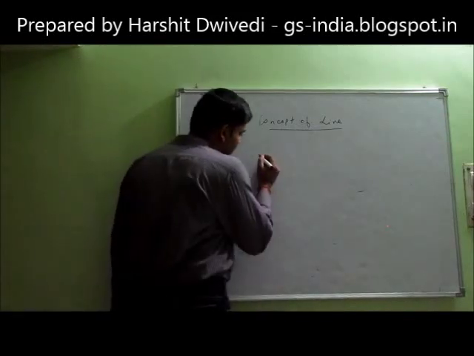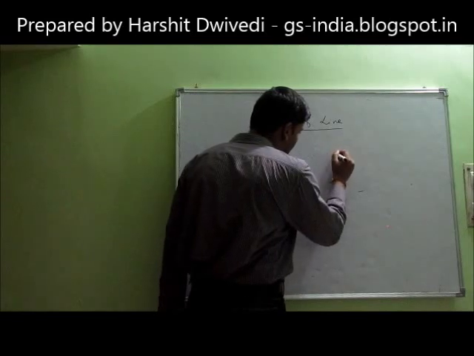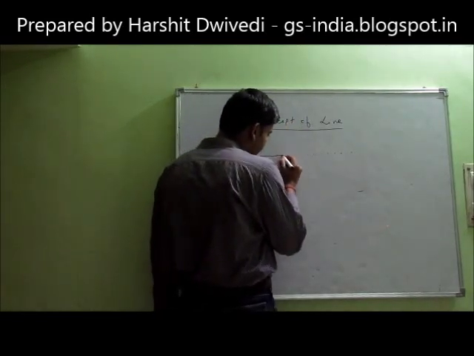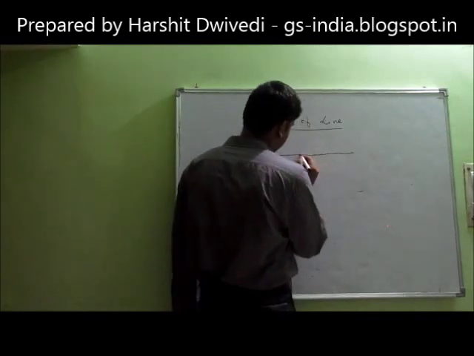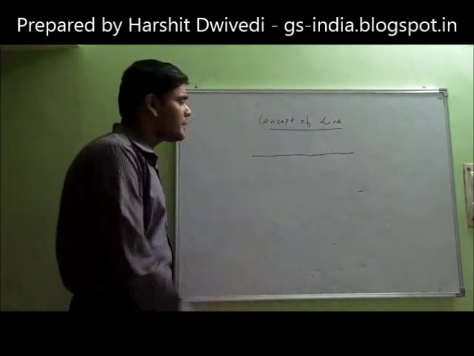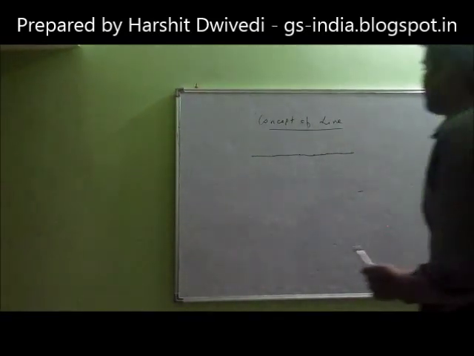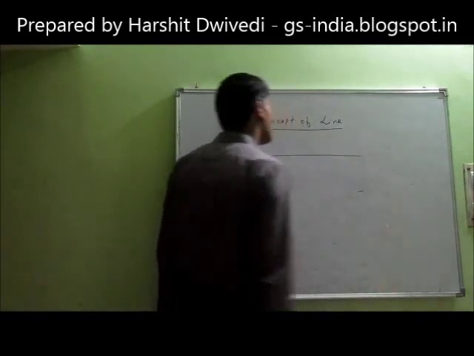Suppose there are many points. I join all of these points. So what does it become? It becomes a straight line. This is a straight line.